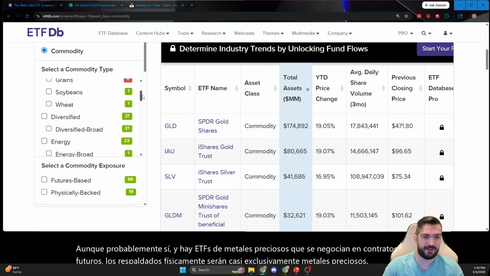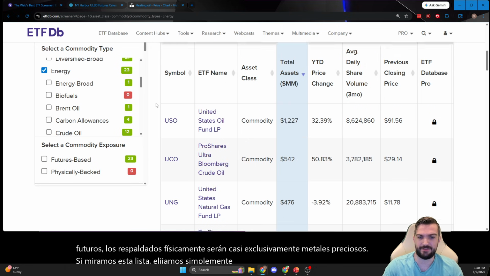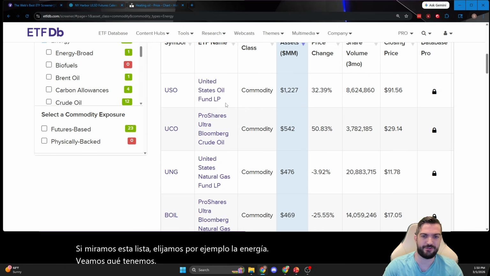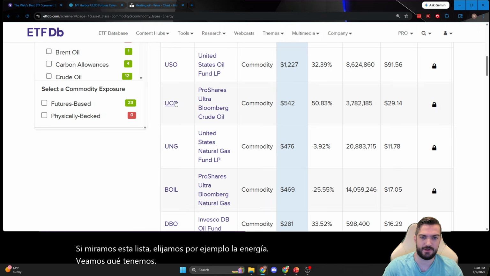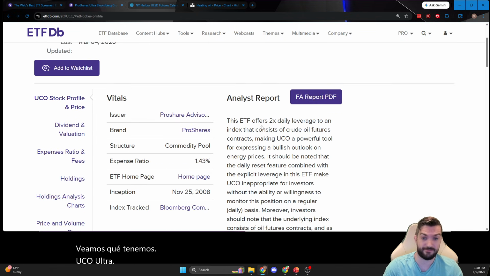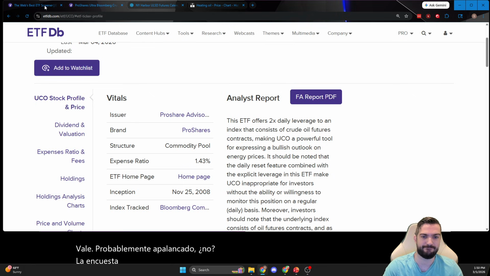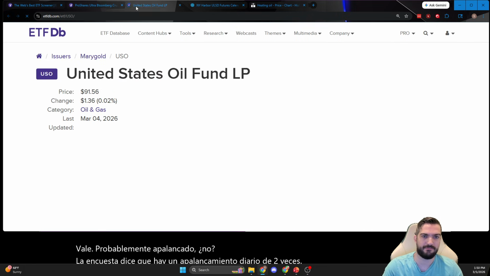If we look down this list, let's just choose energy, for example. Let's see what we have. USO, oil fund. UCO, ultra. Okay, probably leveraged. Is it? Survey says 2x daily leverage. And let's compare something.